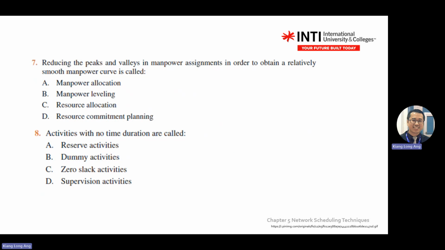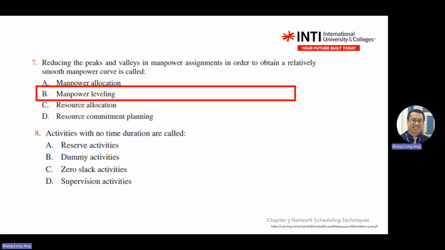Reducing peak values in manpower assignment in order to obtain relative smooth manpower curve is called, we have 2, leveling and allocation. So this one is called leveling. Activity with no time duration is called dummy.